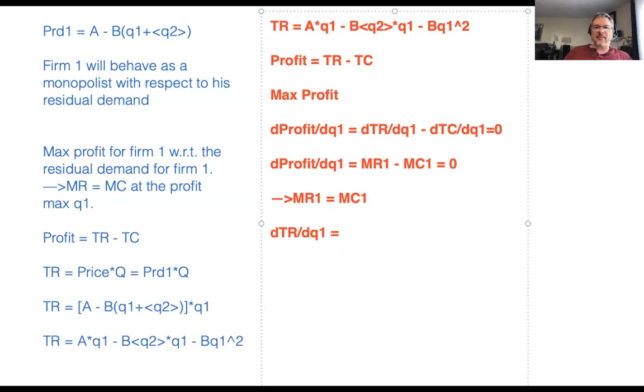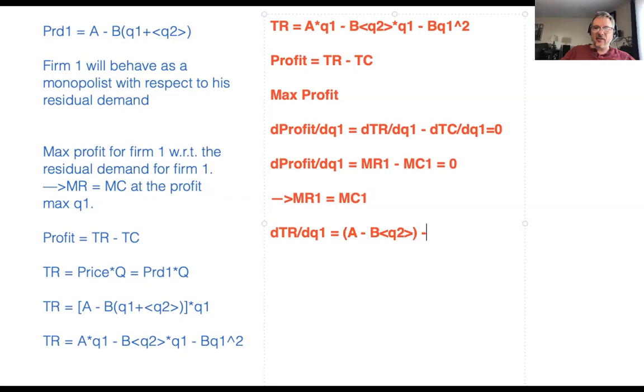So this is what I meant by, notice that these first two terms, when I take this derivative, I'm going to end up with just a constant term. And it's going to be A minus B times the quantity that firm 2 is producing. Okay.